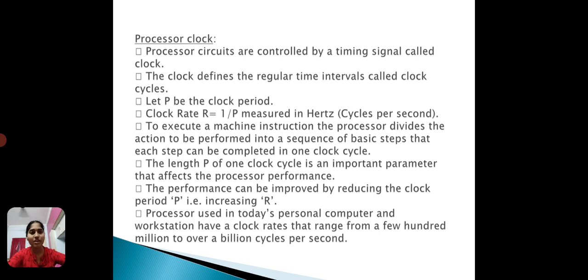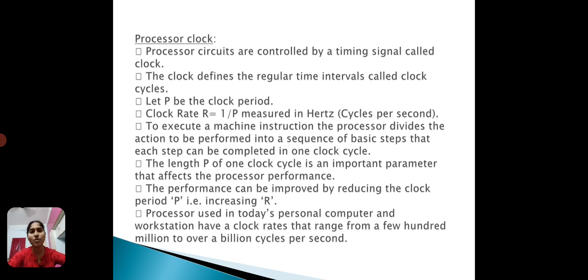The length P of one clock cycle is an important parameter that affects the processor performance. If P is less, then it is having less time and the clock cycle is very short. We can say there is a lot of efficiency. If the time period is less, of course it is more efficient, it is working very efficiently.